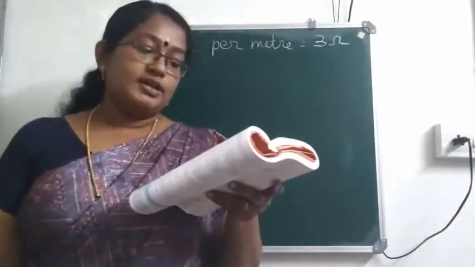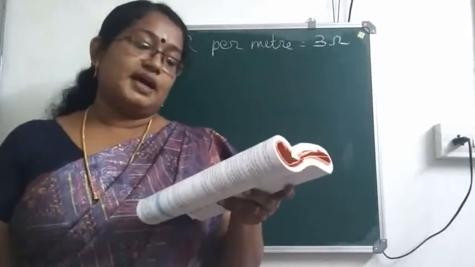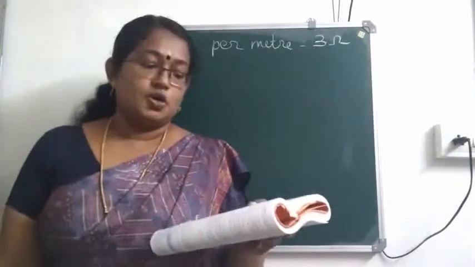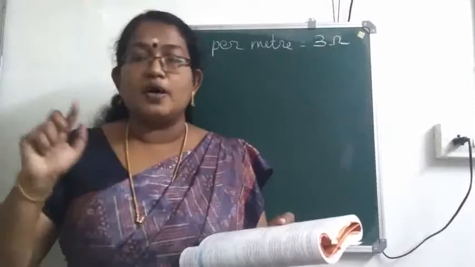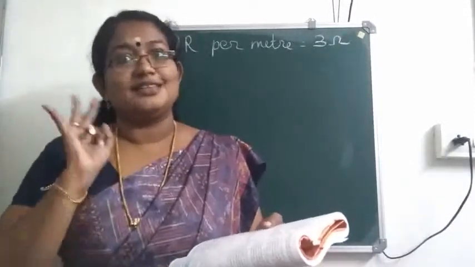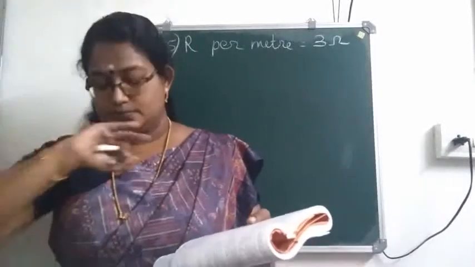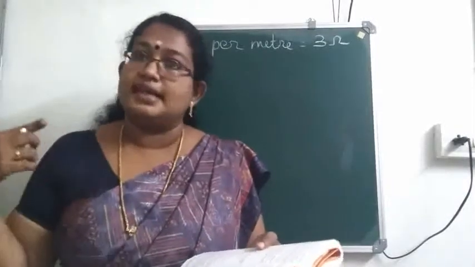Now, total resistance of 3 lengths of this wire, each 1.5 meter long joined in parallel. So, we are having wires with length 1.5 meter each. How many such wires are there? 3. So, 3 wires, 1.5 meter long, are there and they are connected in parallel.